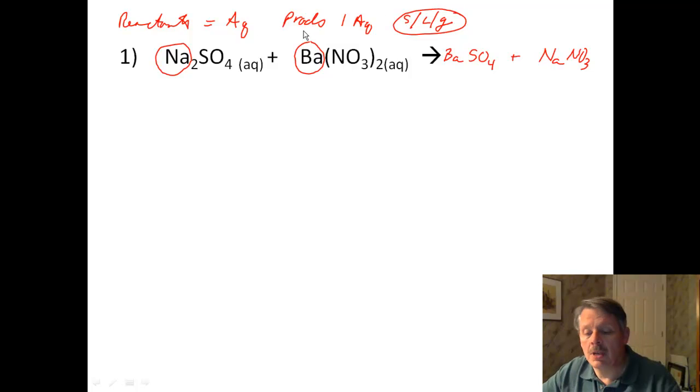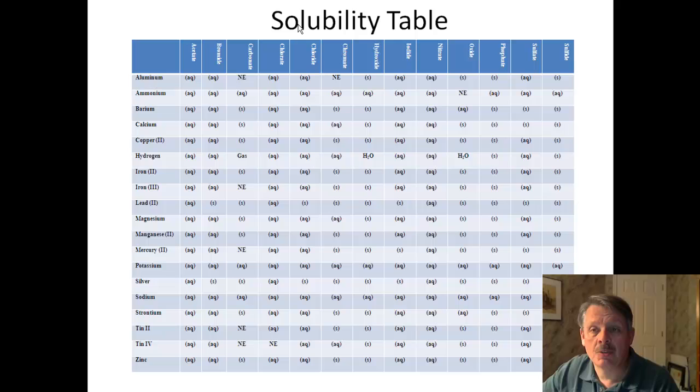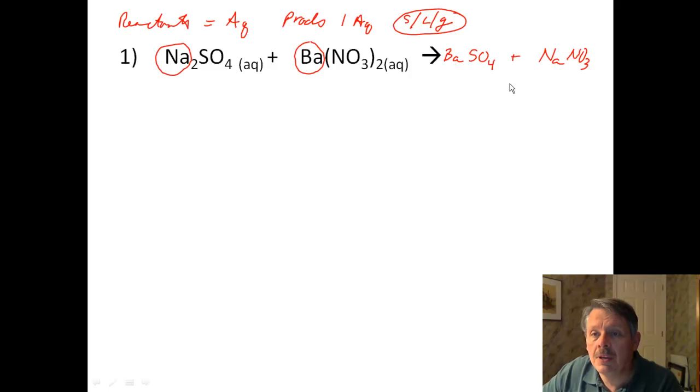So let's look first at barium sulfate. We come over here and look at barium, and we find sulfate, and we look to see what it says. It says that barium sulfate is going to be a solid.